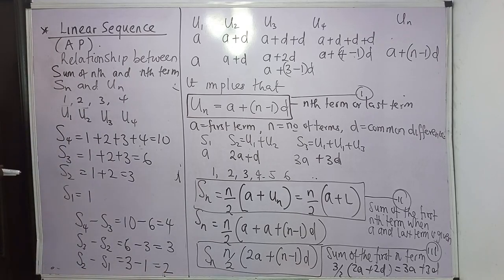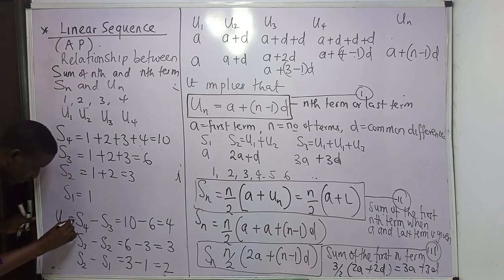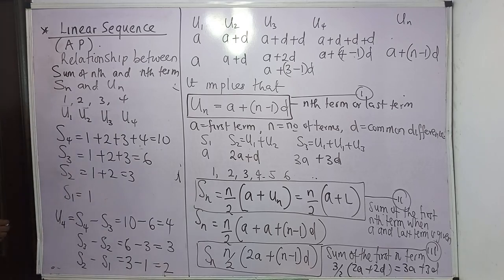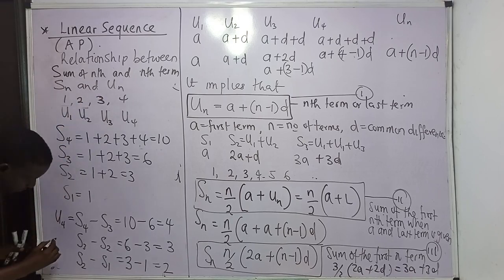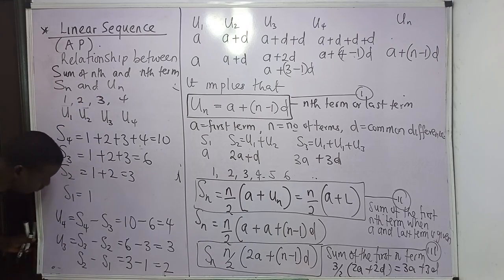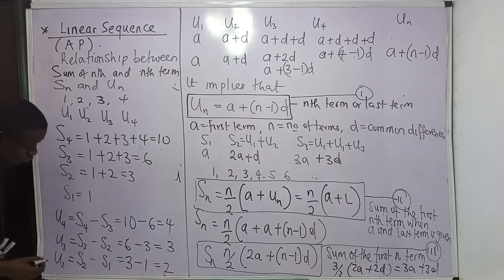Now if you check, what is 4 in the terms? 4 is the 4th term. This is U4. Check 3. 3 is the 3rd term, so the result is equal to U3. Check 2. 2 is the 2nd term, so the result is U2.